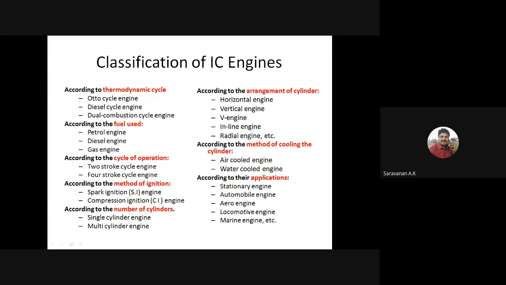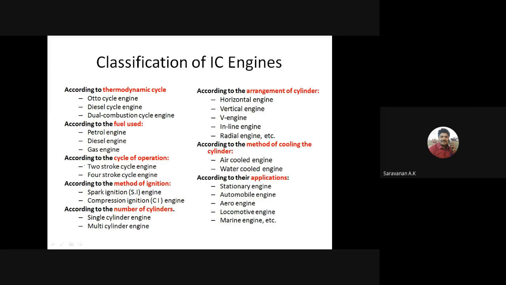Then the classifications. According to many criteria, we can classify the IC engines. According to the thermodynamic cycle, we can classify them into three types: Otto cycle, diesel cycle, and dual combustion cycle. According to the fuels used: petrol engine, diesel engine, and gas engine. According to the number of strokes: two-stroke cycle and four-stroke cycle.